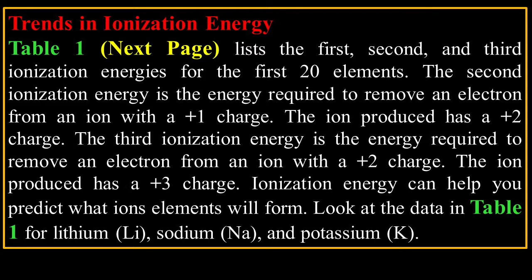The third ionization energy is the energy required to remove an electron from an ion with a +2 charge. The ion produced has a +3 charge. The ionization energy can help you predict what ions elements will form. Look at the data in Table 1 for lithium, Li, sodium, Na, and potassium, K.